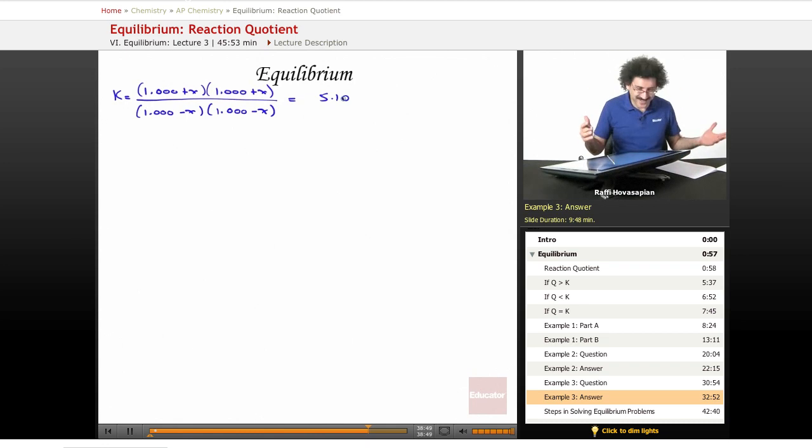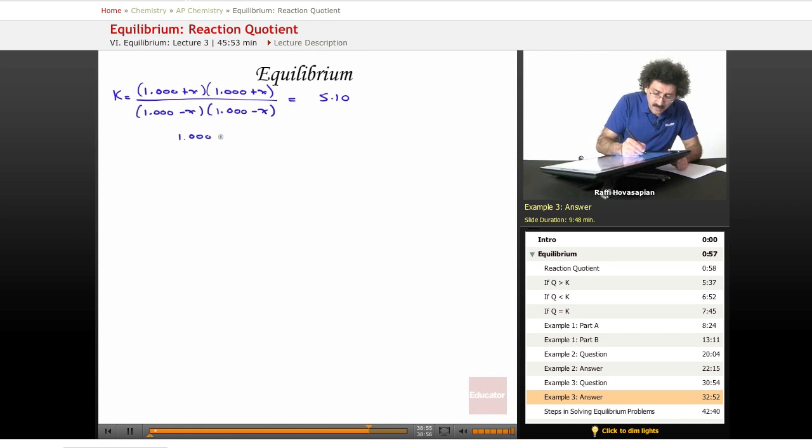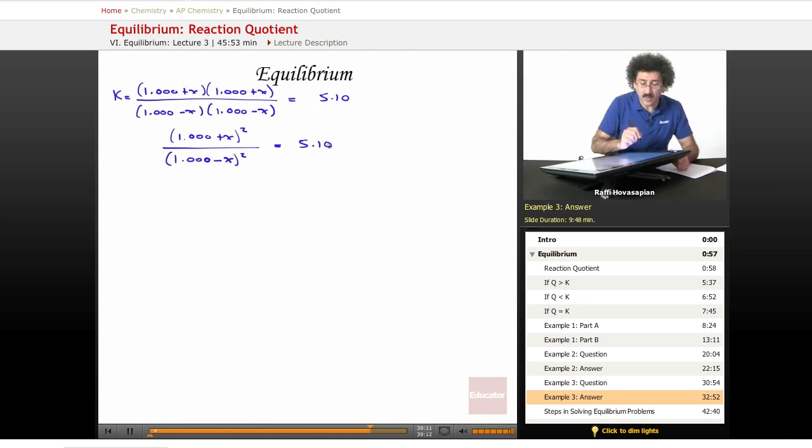Okay, so now let's just handle this algebraically. This is 1.000 plus X squared over 1.000 minus X squared equals 5.10.